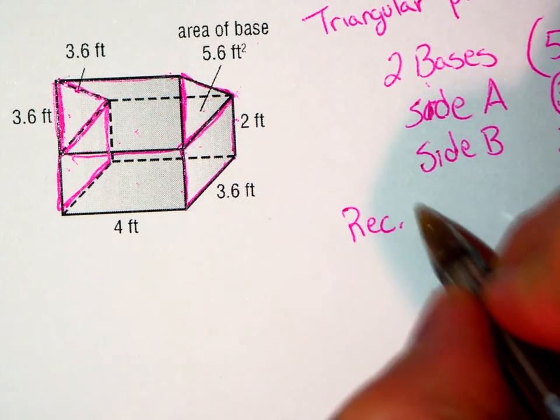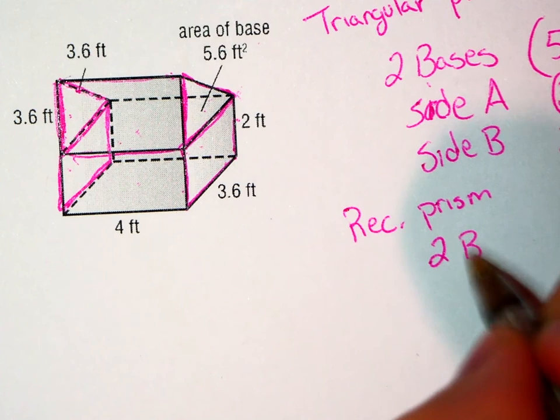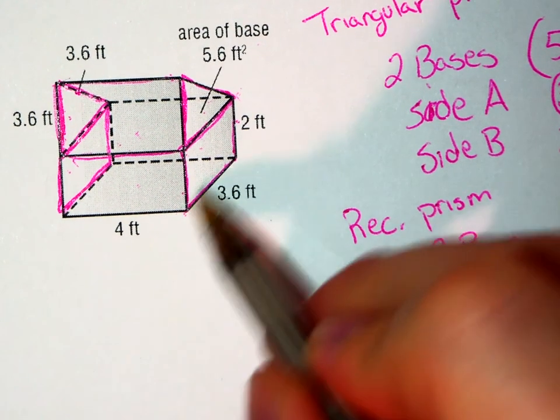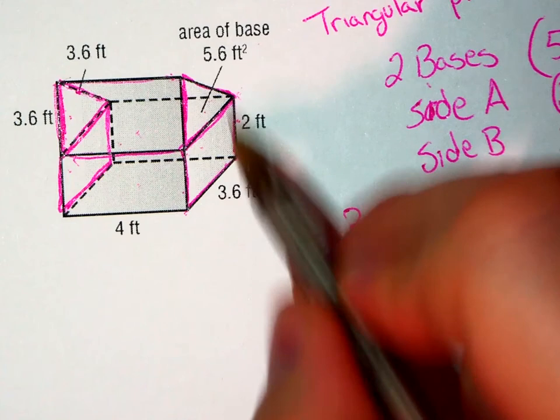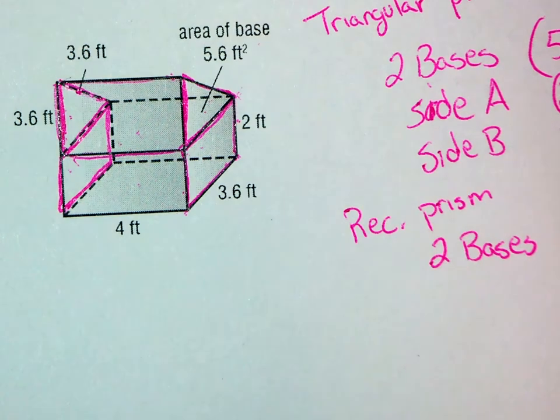And there's 2 of those. And its dimensions are 3.6 times 2 high. Remember, we have 2 of those, so I'll multiply that by 2.